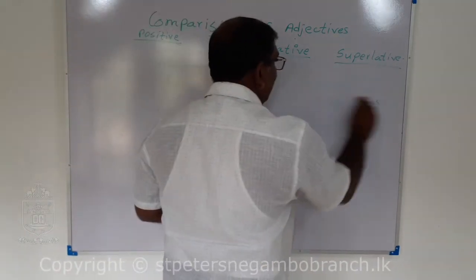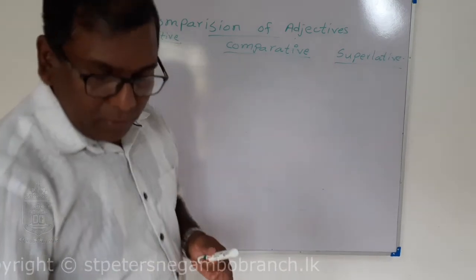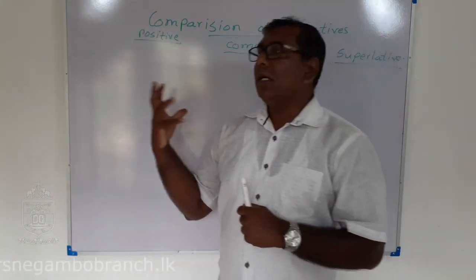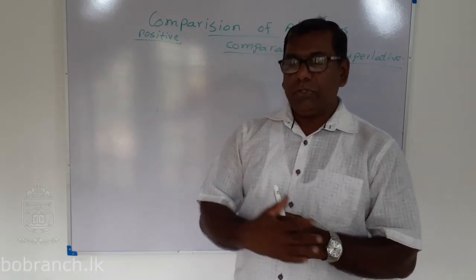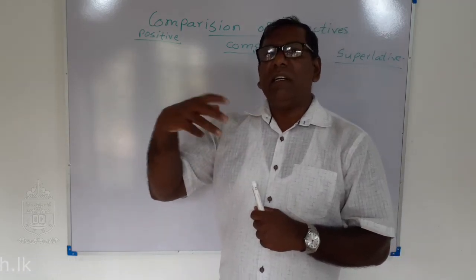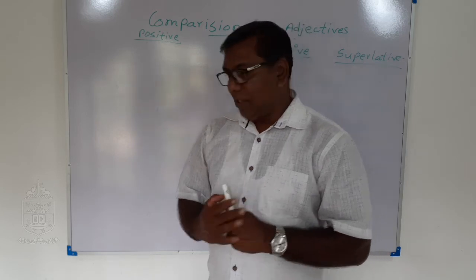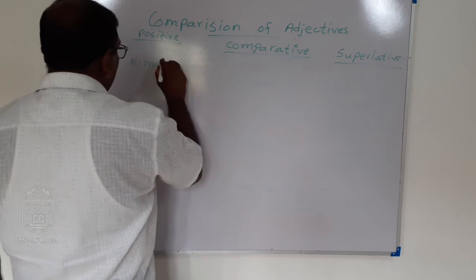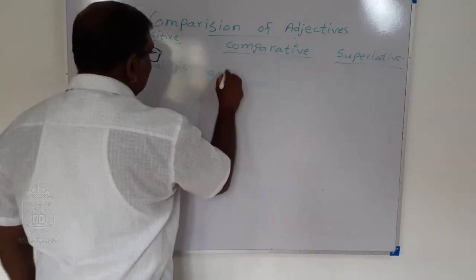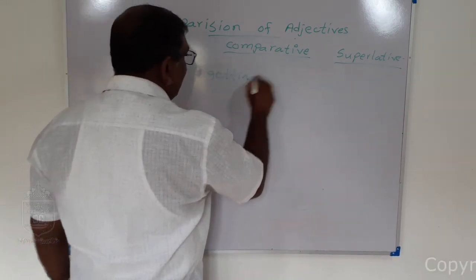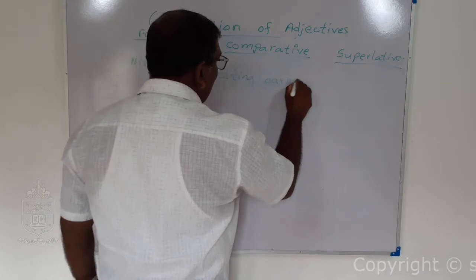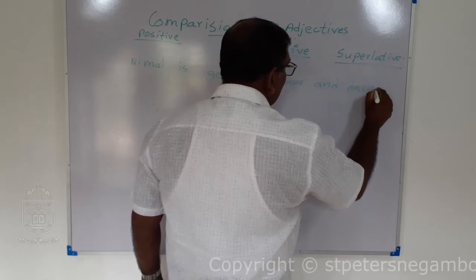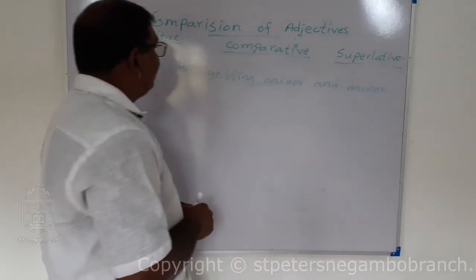Now another example. Now we'll say Nimal works in the sun much, so he is getting dark. So we can say Nimal is getting darker and darker. We'll see another one.